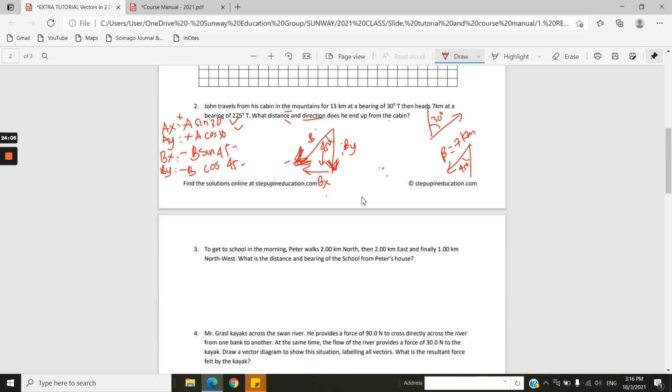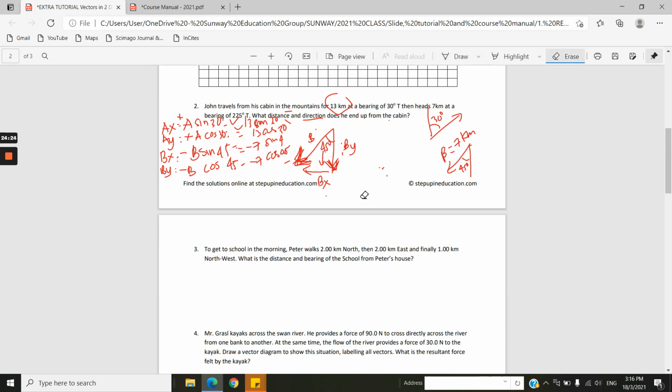Okay, you find this value. A is the 13: 13 sine 30, 13 cos 30. Just substitute. B is 7 sine 45, 7 cos 45.